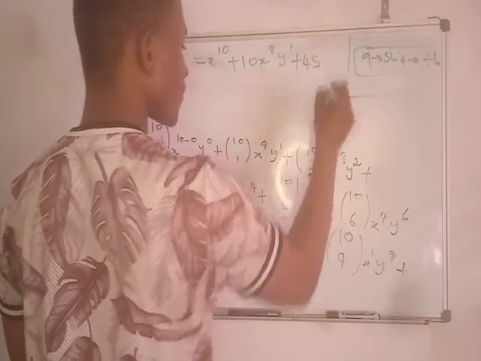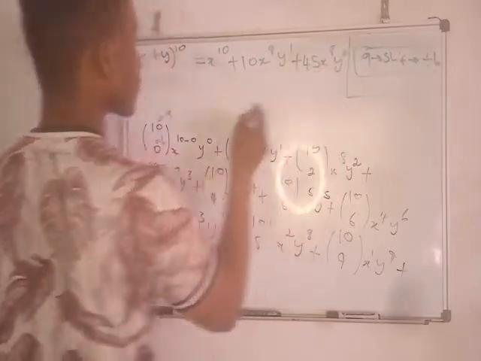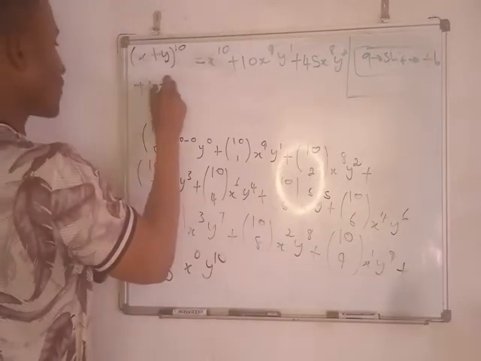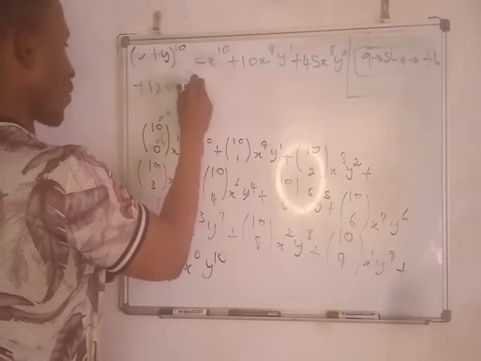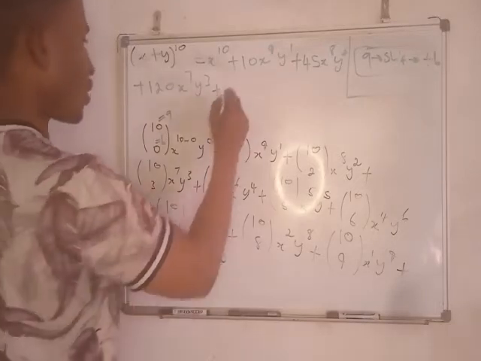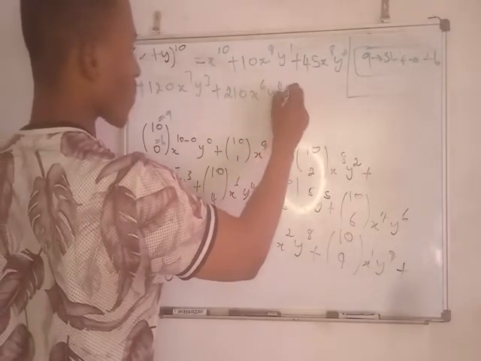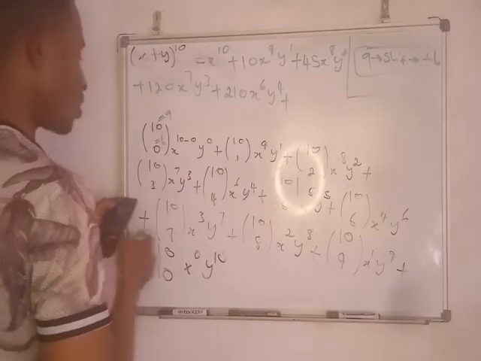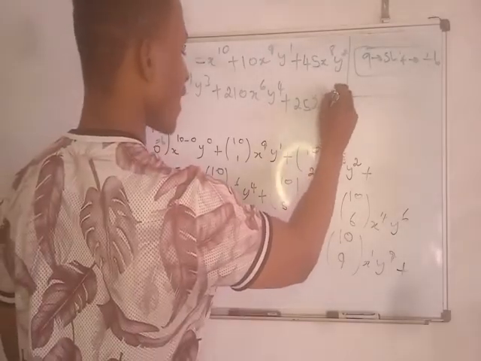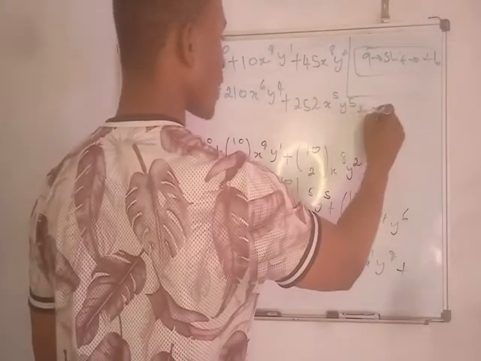So it's going to be 45 x to the power 8 y squared, plus 10 combination 3, which will be 120 x to the power 7 y to the power 3, plus 10 combination 4, which will be 210 x to the power 6 y to the power 4, plus 10 combination 5, which will be 252 x to the 5 y to the 5, plus 10 combination 6, which is just 210.